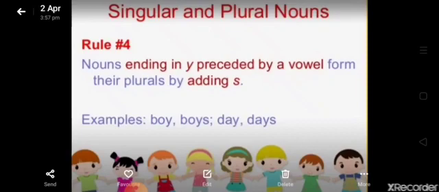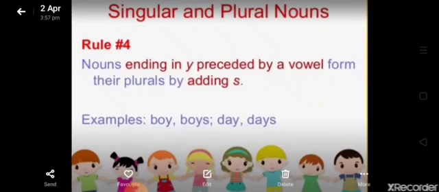Now, the next example is day. D-A-Y, day. So, y is there. Before y, the vowel a is there. As you know, A, E, I, O, U are vowels. So, always remember this. Whenever a vowel comes before y, we have to put s to make the plural.